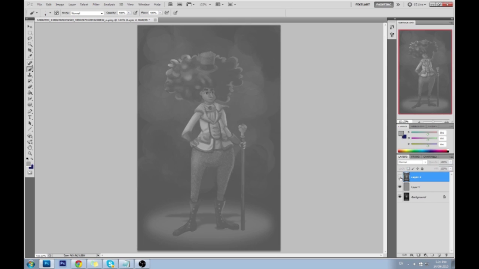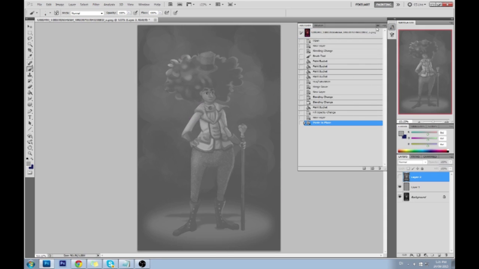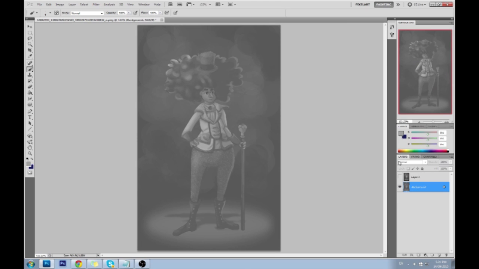Alright. So this was it before. After. If it's a male, let's do a little bit of work if it was a male.